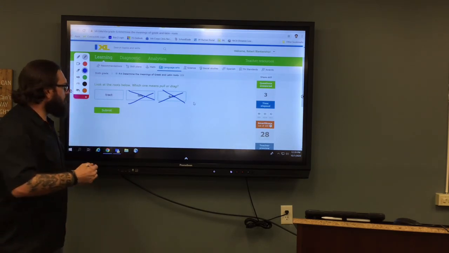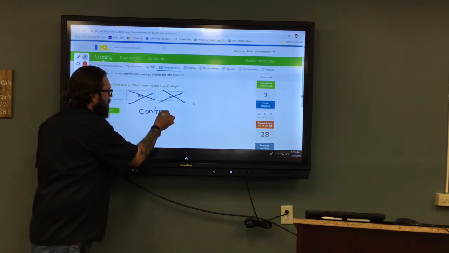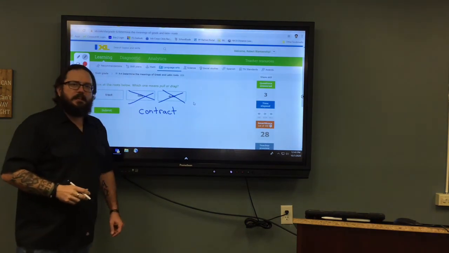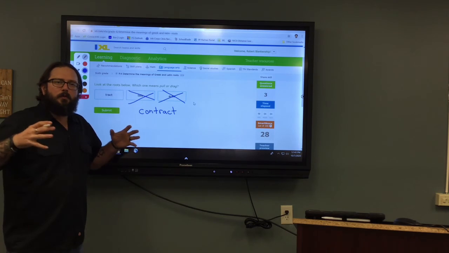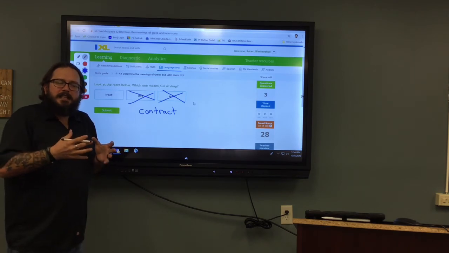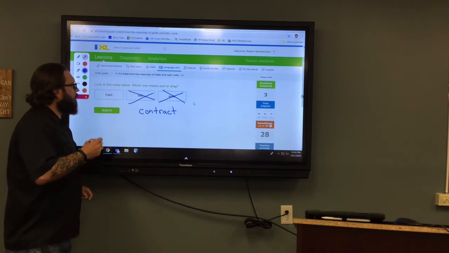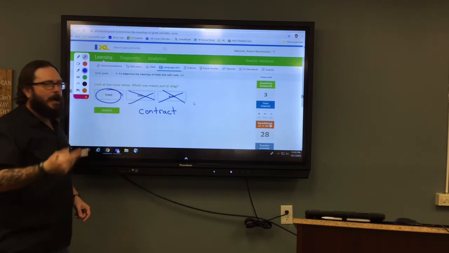An example would be contract. If we think about something contracting, it is pulling closer together. It's getting smaller. Therefore, we can say that yes, our answer is tract.